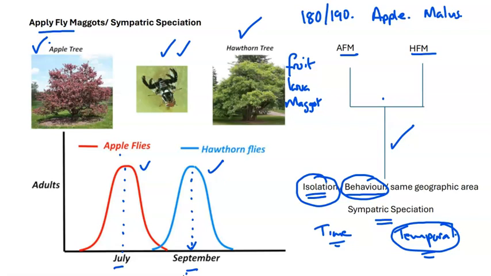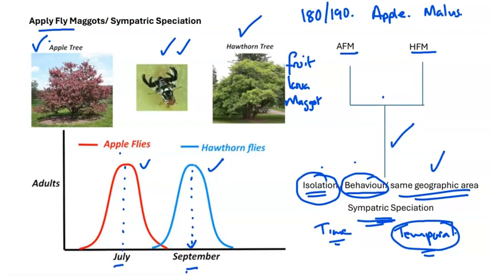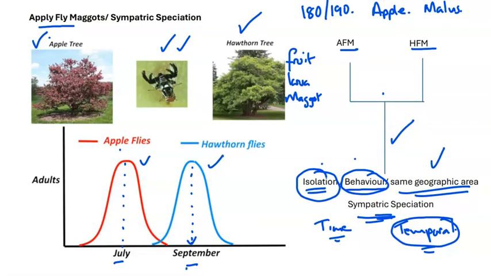And notice that they are in the same geographic area. This is the key feature of sympatric speciation. Same geographic area, but with behavioral or temporal mechanisms separating and isolating the population.